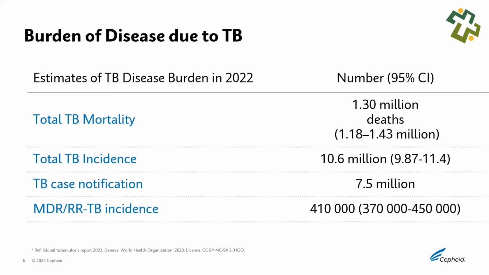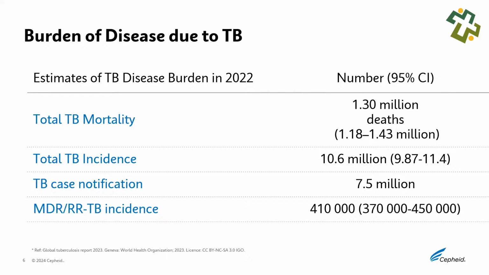And the MDR, which we are all worried about and don't want to see, talks to the failure of the healthcare system to combat the infection, or the failure of compliance to treatment, but it's a complication of TB anyway. This was estimated to be 410,000.